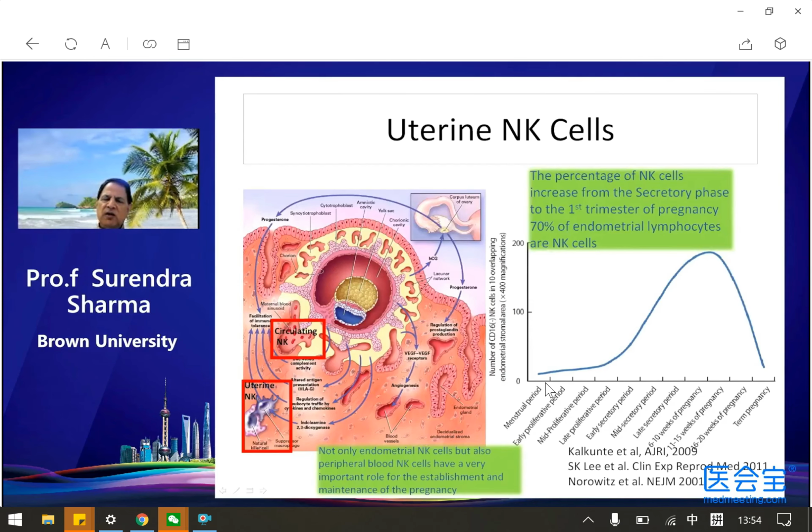And they are very important in terms of communicating with invading trophoblasts, and they also support angiogenesis and immune tolerance, which I will discuss in the next slide.